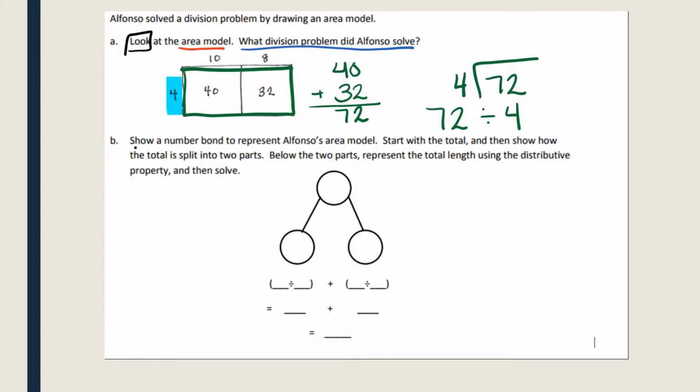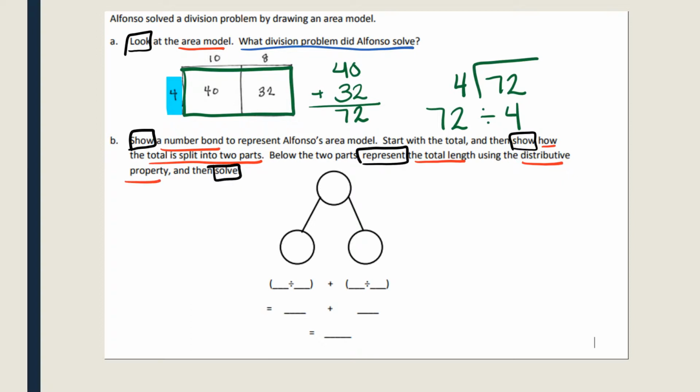B says, show a number bond to represent Alfonso's area model. Start with the total and then show how the total is split into two parts. Below the two parts, represent the total length using the distributive property and then solve.